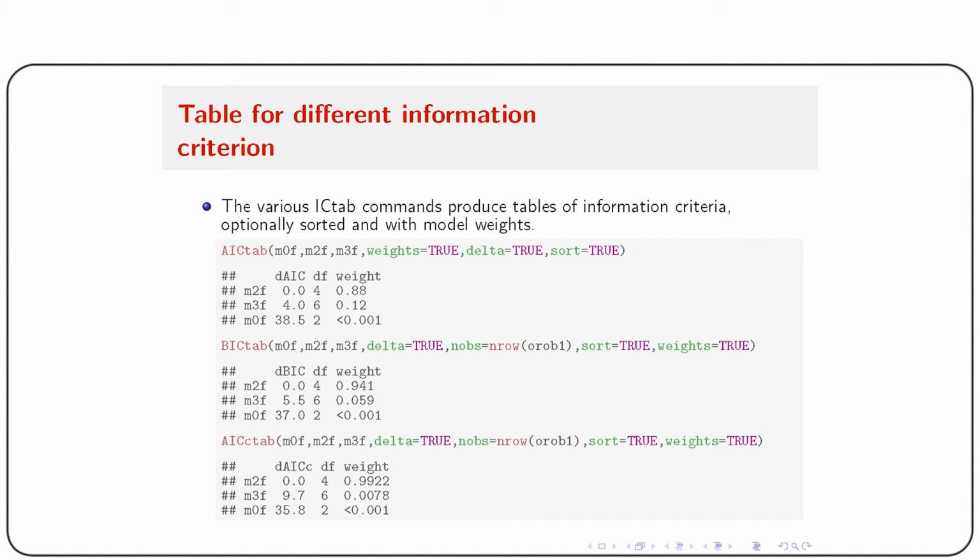And then again you can get the BICtab for the same three models: delta equals true, nobs equals nrow of orob1, and sort equals true, weights equals true. So here you will get the dBIC, degrees of freedom and weight. Similarly, AICc tab also provides you the values as dAICc, degrees of freedom and weight.